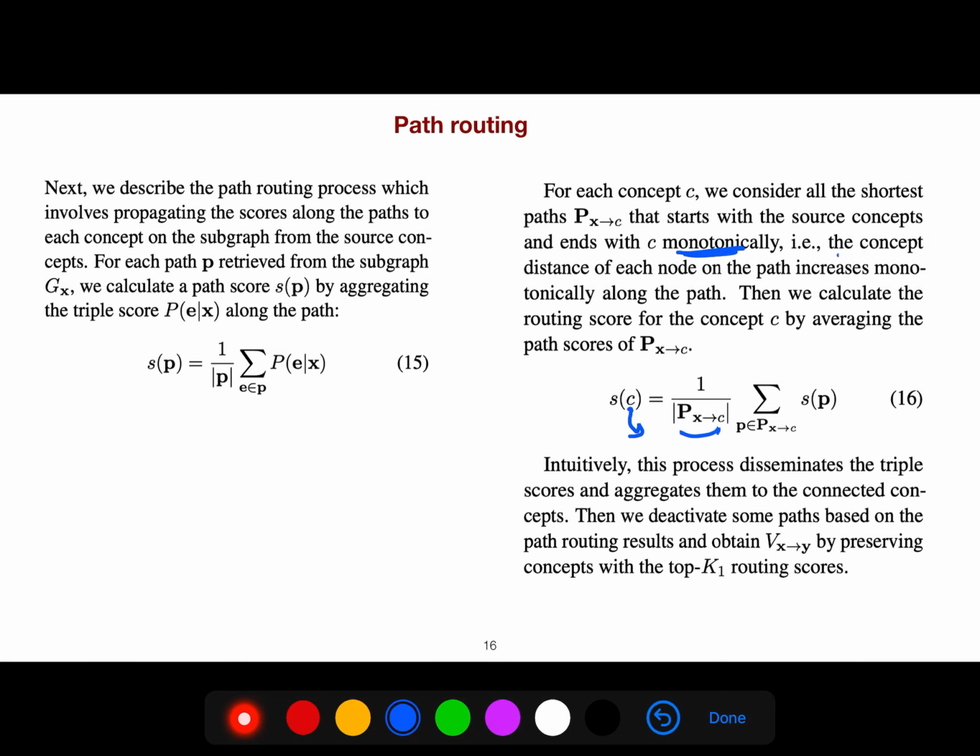By monotonically, they mean that the concept distance of each node increases monotonically. So distance is like this, and then this, and then this, and the distance should always go up.